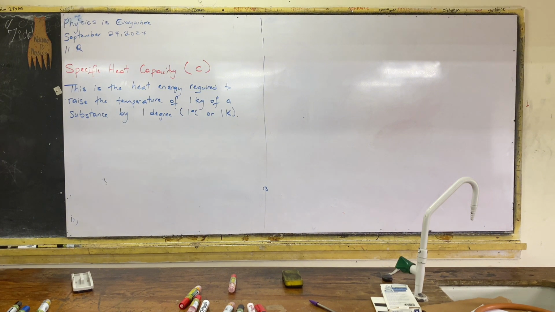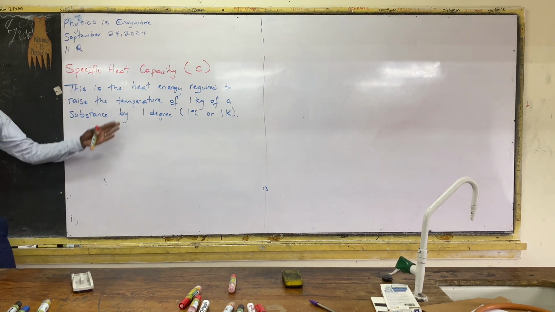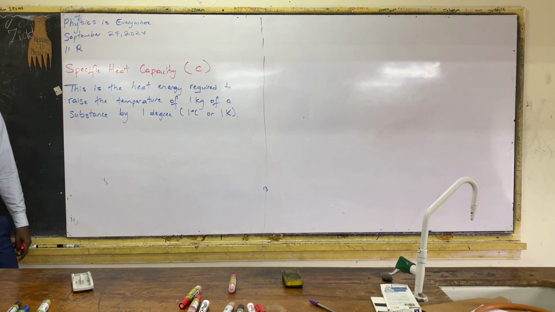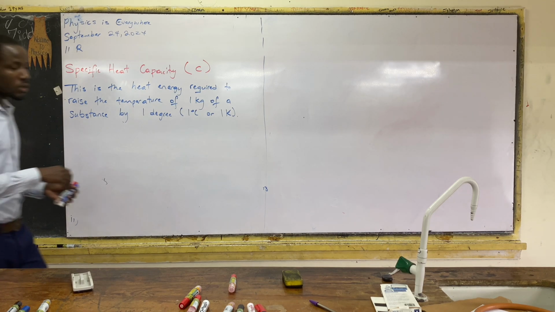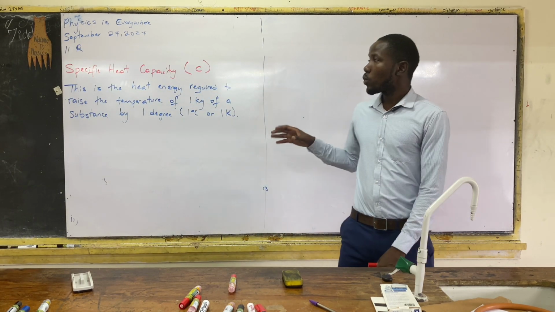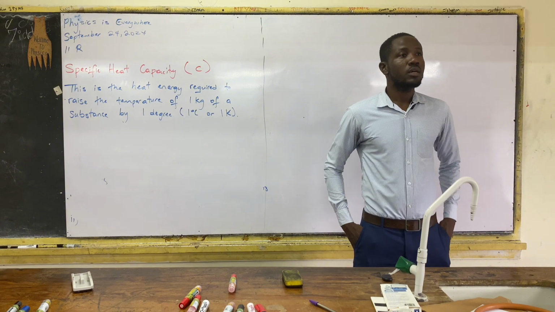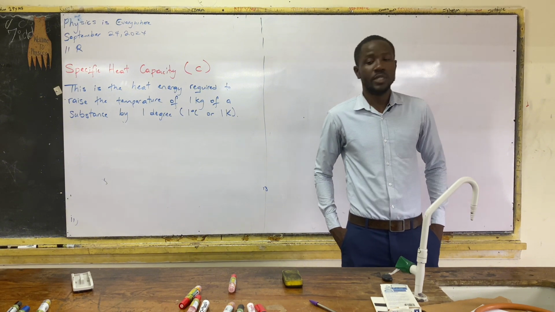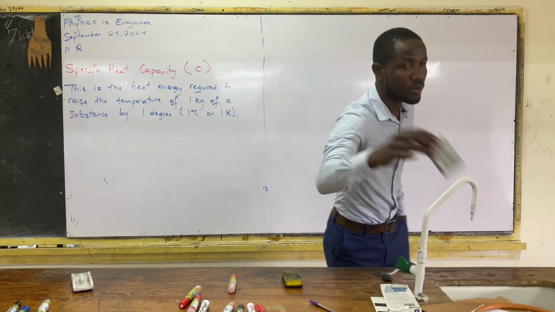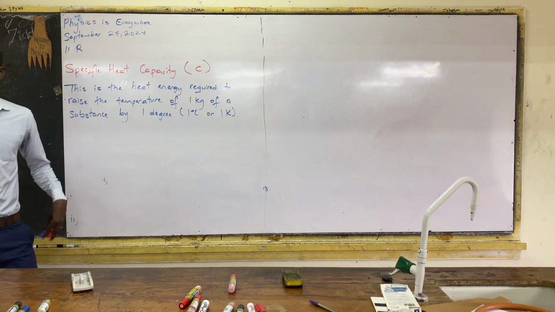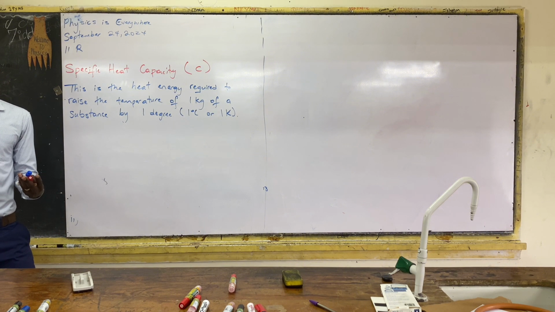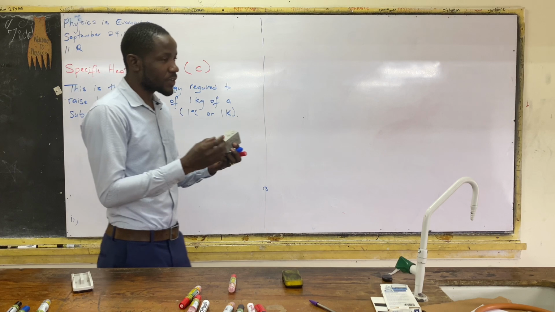It's the amount of heat energy required to raise the temperature of specifically 1 kilogram of that substance by 1 degree, or by unit temperature. So 1 degree Celsius or 1 Kelvin. Okay? With the specific heat capacity, if we have a piece of metal, no matter how large the metal is, it's going to have the same specific heat capacity.